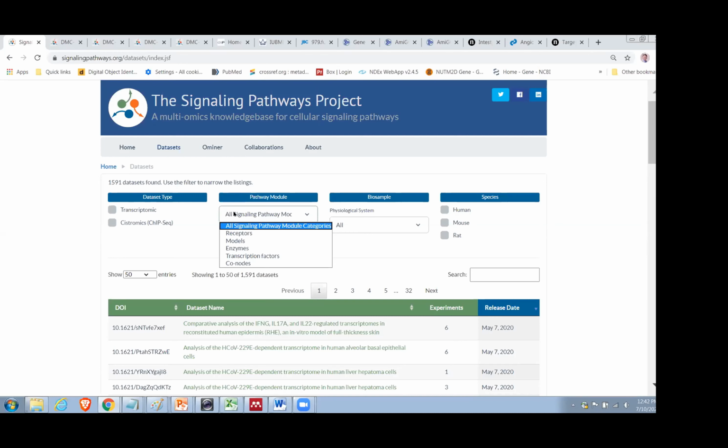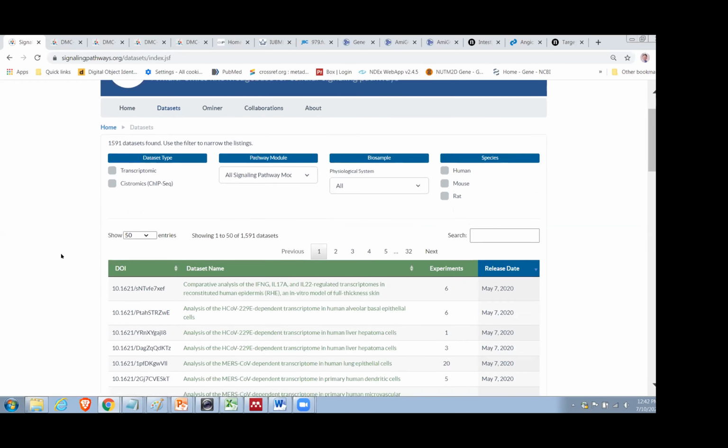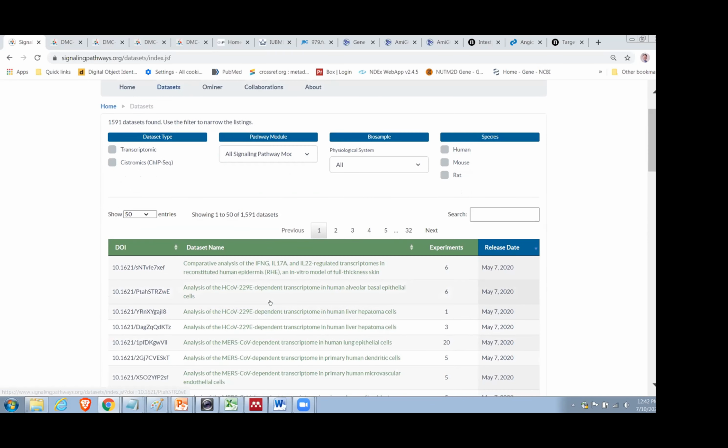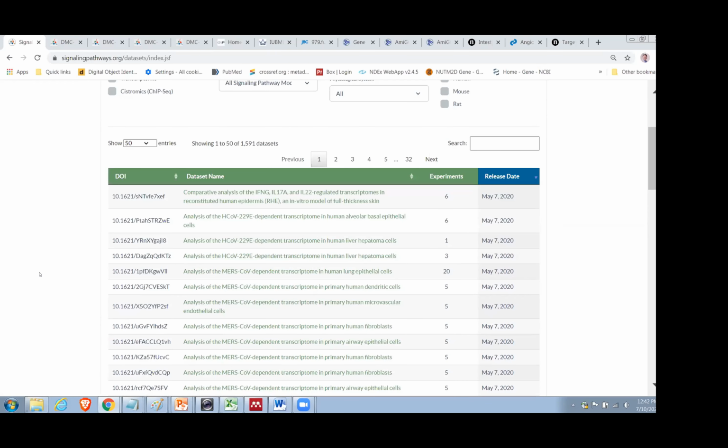There are those that are relevant to the signaling, which I emphasized last week, but there are also data sets that are relevant to models, and the model category is what these recent viral infection data sets fall into, because they're models, right?